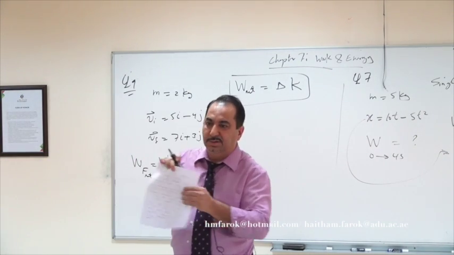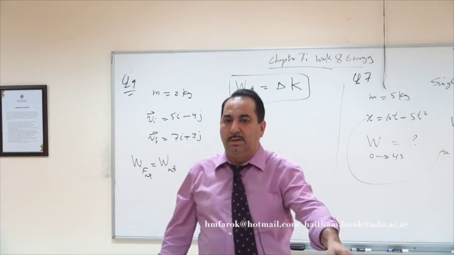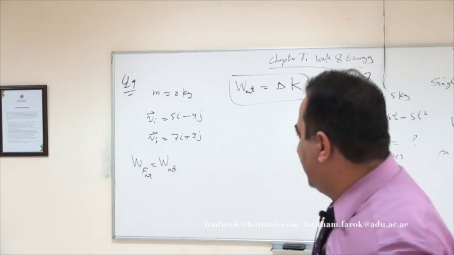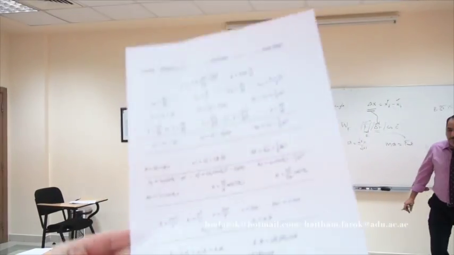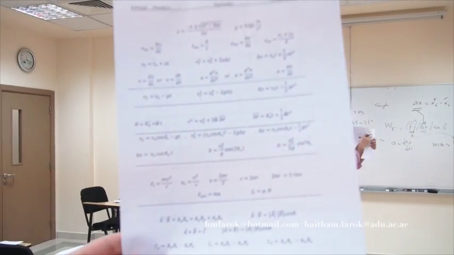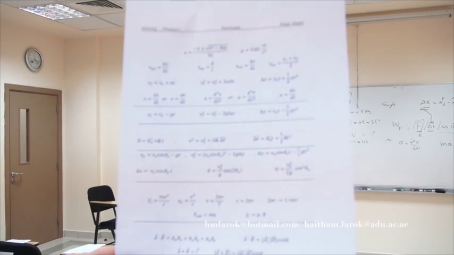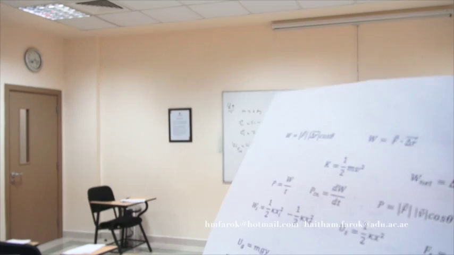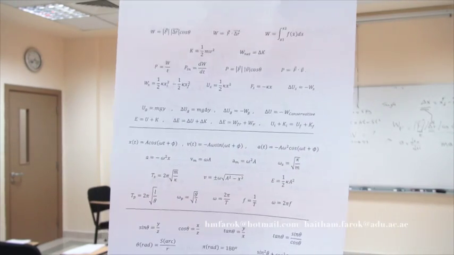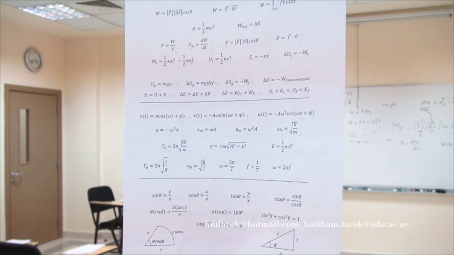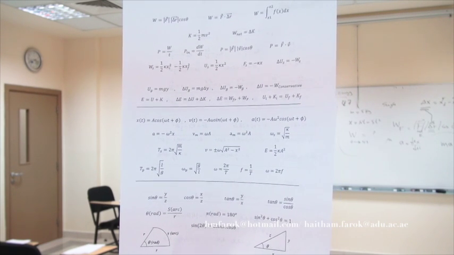On the second page, on the back, you see the section for chapters 7 and 8, all the formulas needed in 7 and 8. Now, don't you see W net equals change in kinetic energy? So make sure you know how to find the formulas here.